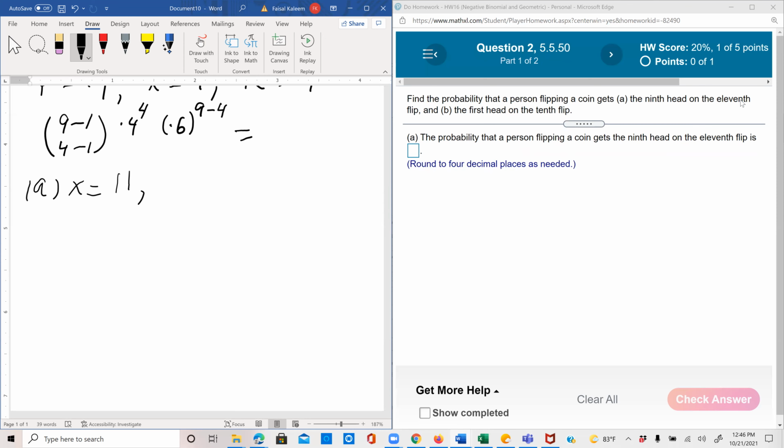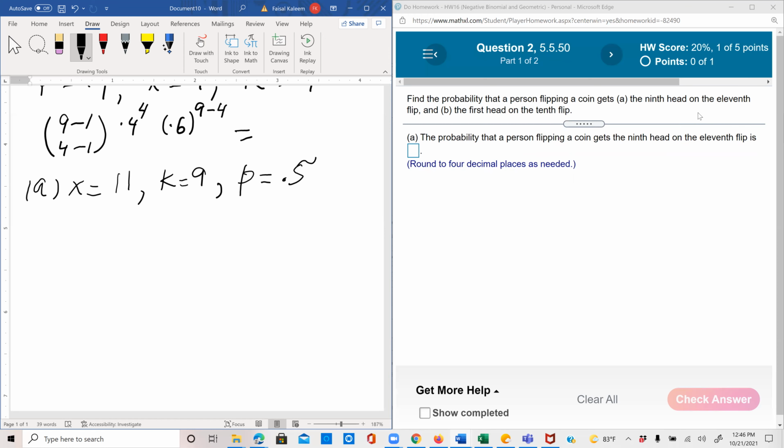We're talking about taking 11 flips to get 9 heads, so x is 11 and k is 9. It's the number of successes we want on the 11th flip. And p is the probability of getting a head, which in a fair coin should be 0.5, because we're calling getting a head the success in this case.